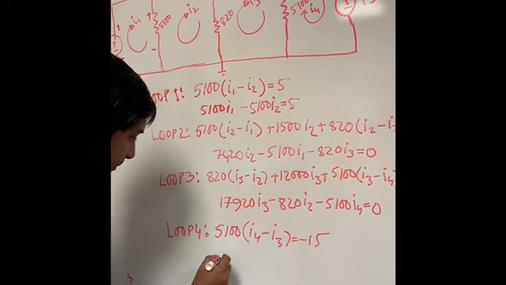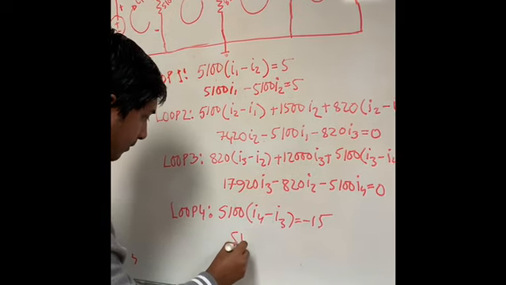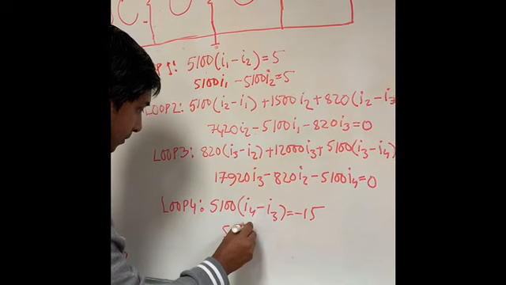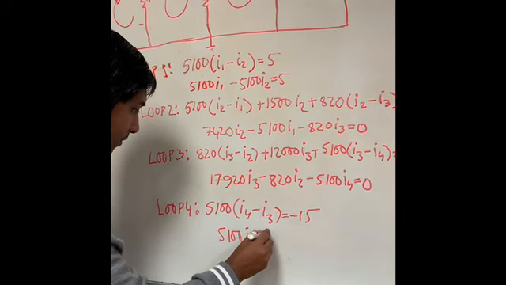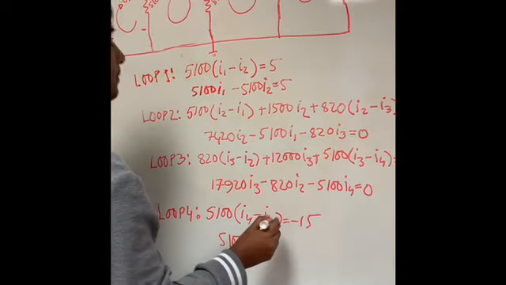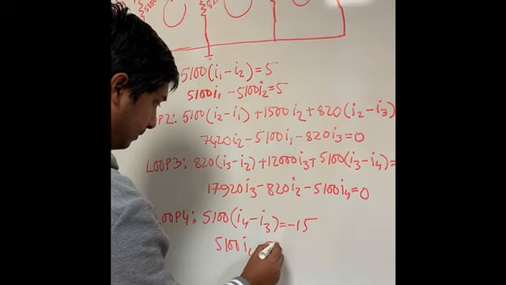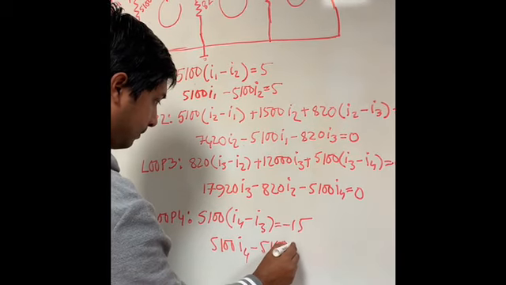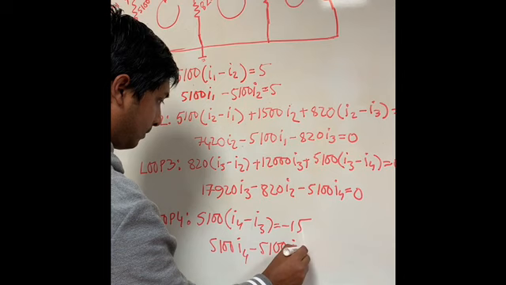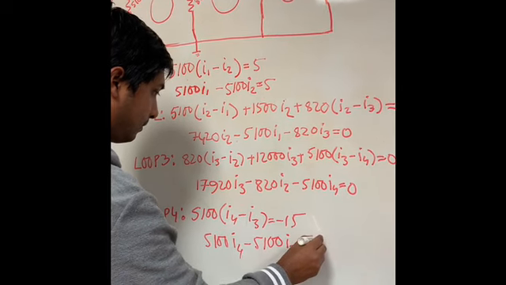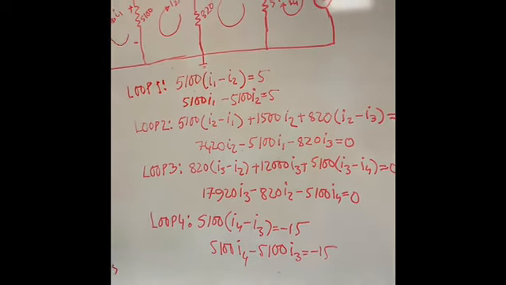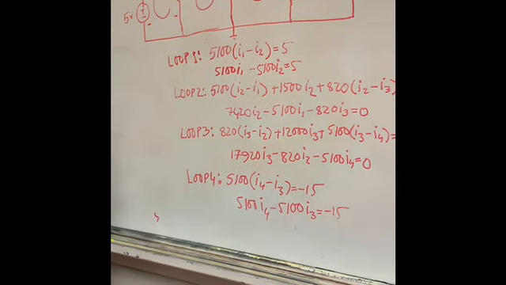You have to subtract it over because it was originally equal to 0. All right, and we'll further use these linear equations in a later part in the lab.